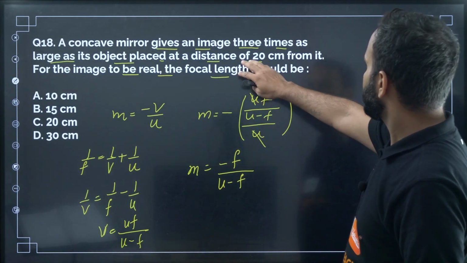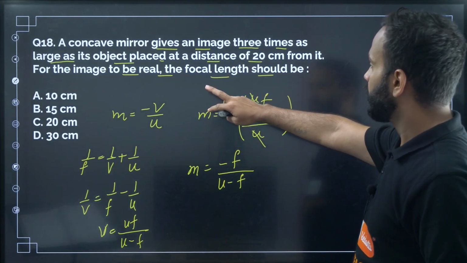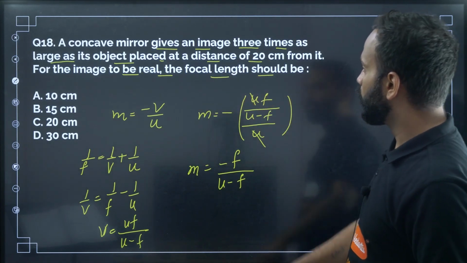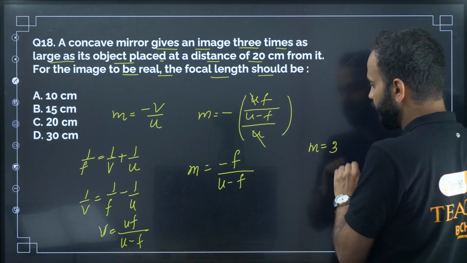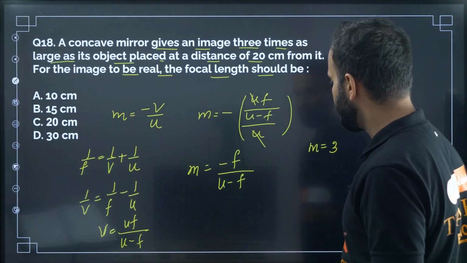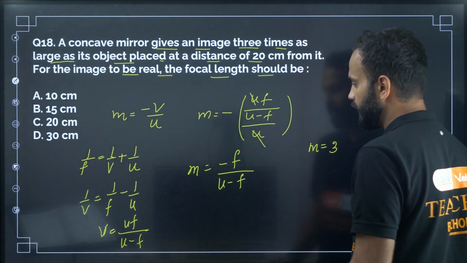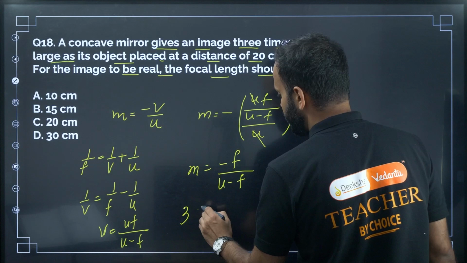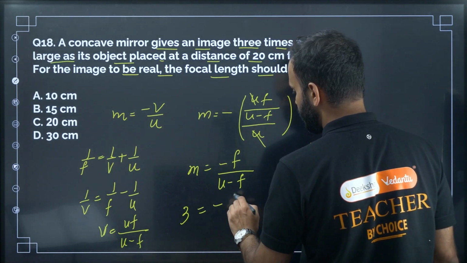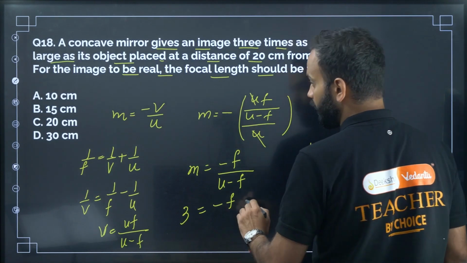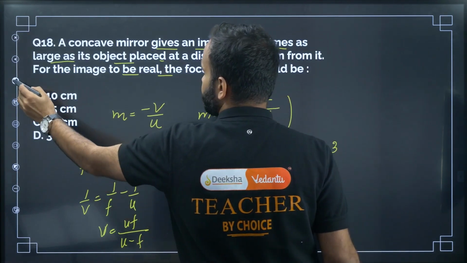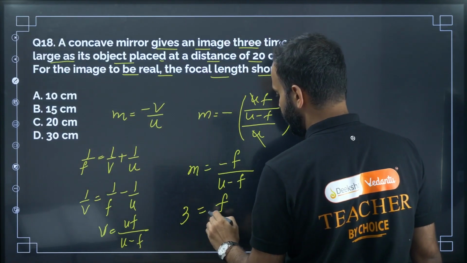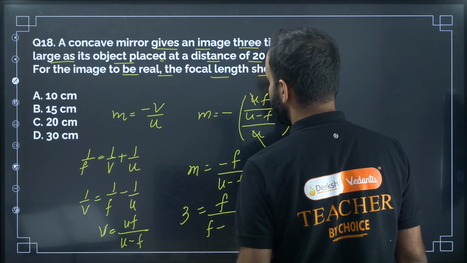Here the concave mirror gives an image 3 times as large as its object, that is m equal to 3, right? So now 3 is equal to minus f, or you can write it as f divided by f minus u.